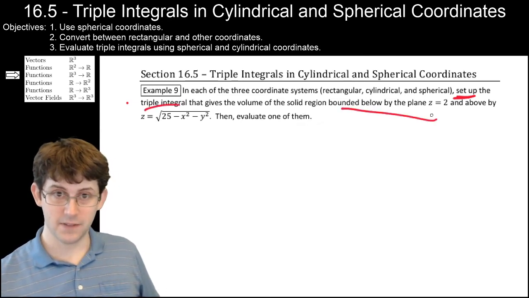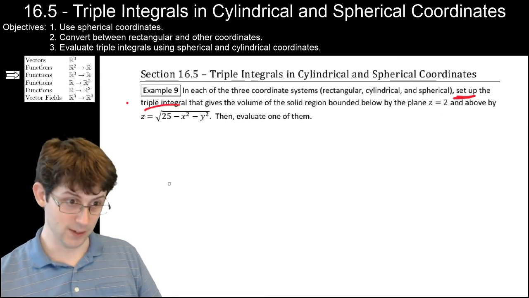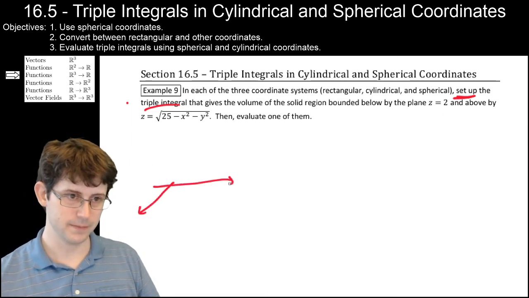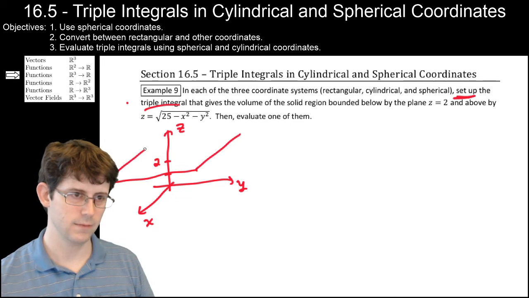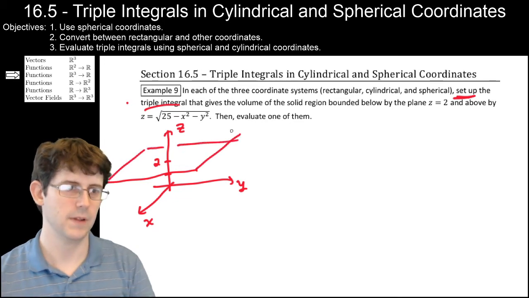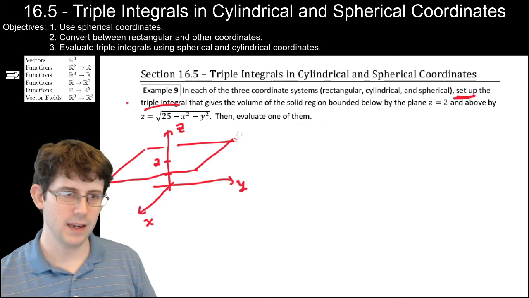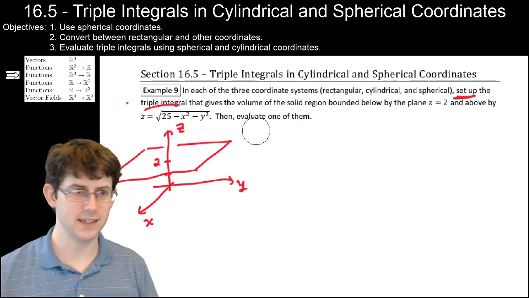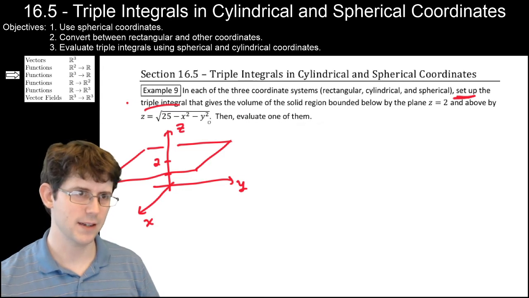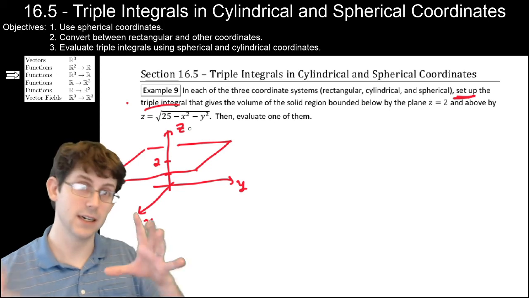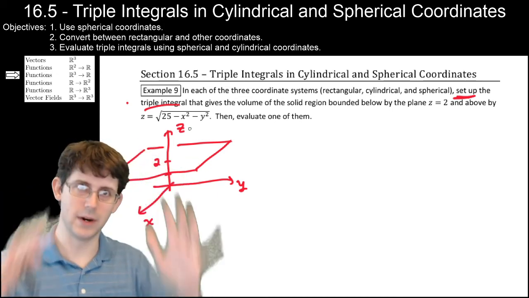So the bottom of the region is the plane z equals 2. So that's the bottom. And then the top of our region is z equals square root of 25 minus x squared minus y squared. What is that shape? That's either a sphere or a paraboloid.